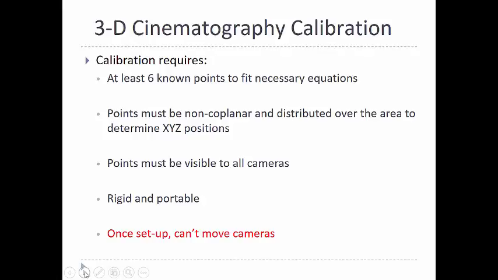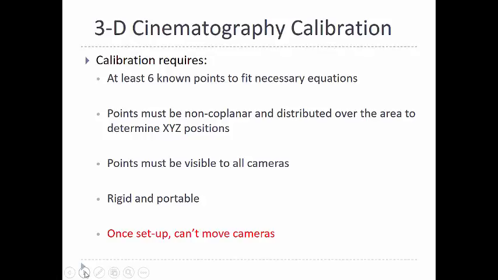These points cannot be in a straight line, or otherwise stated, they must be non-coplanar. And they must be distributed across all 3 planes, so horizontally, vertically, and in the case of a 3-dimensional volume, with depth, so front to back.